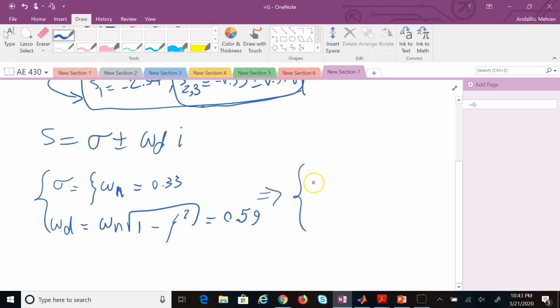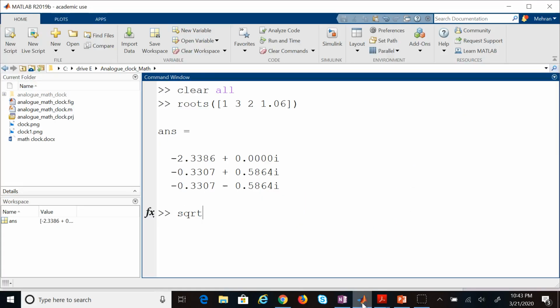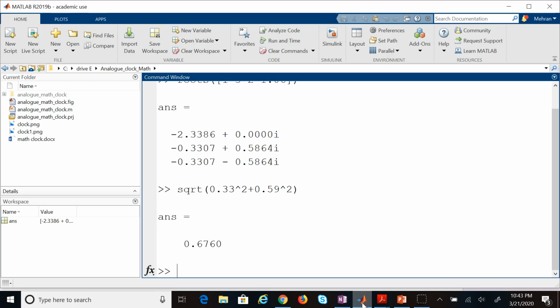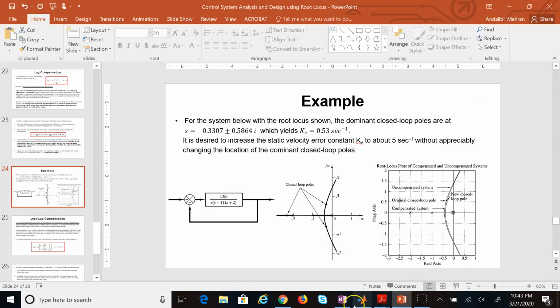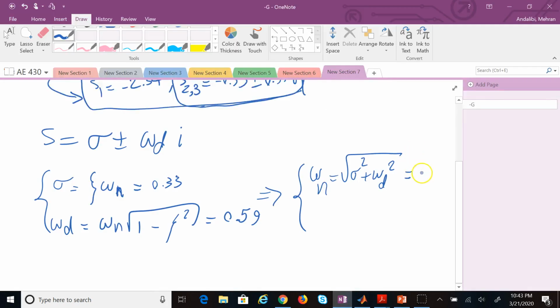So for example, here you can see that omega n is clearly square root of sigma squared plus omega d squared, which if I do it, so 0.33 squared plus 0.59 squared is 0.67. Let's make it 0.68. Let's just use 2 digits for now. 0.68.